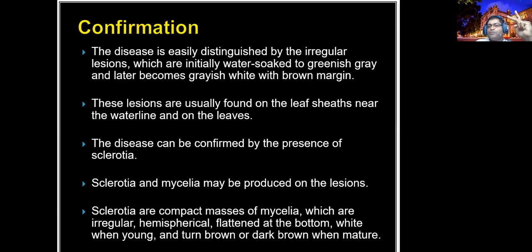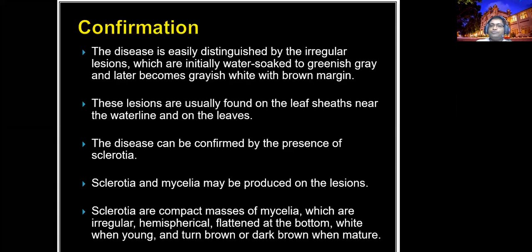These three are specific symptoms to confirm this disease. Also, it will not cause disease in the dry season. If it is a wet season, then you can easily suspect this is because of the sclerotia. Rhizoctonia solani causes sheath blight in rice.